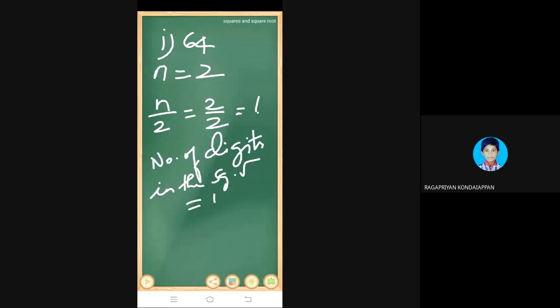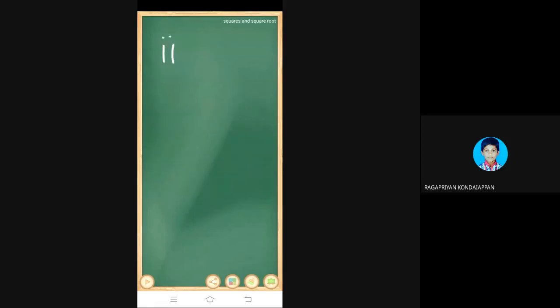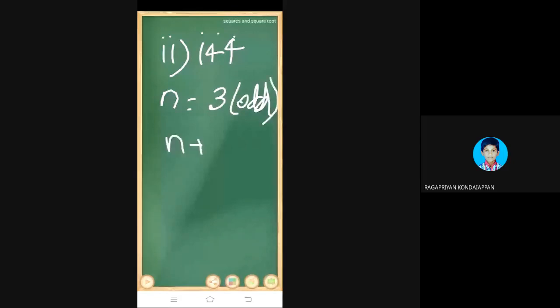Now 144. Tell me for 144. What is the n value? 1, 2, 3. Sorry, 3-digit number. If n is odd, what is the formula? n plus 1 by 2, ma'am. So 3 plus 1 divided by 2.